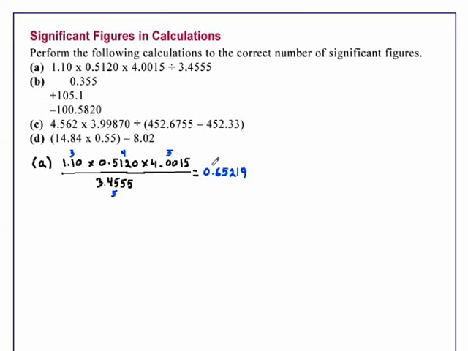So we have to round our answer to 3 significant figures. Okay, so that's the 6, the 5, and the 2. So we're going to round at this point, and this number becomes 0.652.